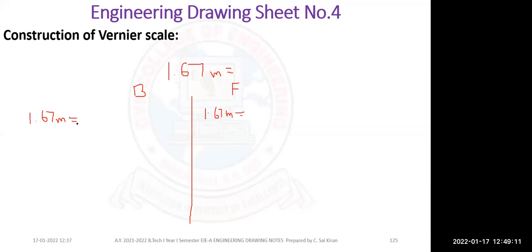Everyone raise your hands, I'll be taking the attendance. Tell me the solution also. What is the final value using backward Vernier and forward Vernier? How to make the division?